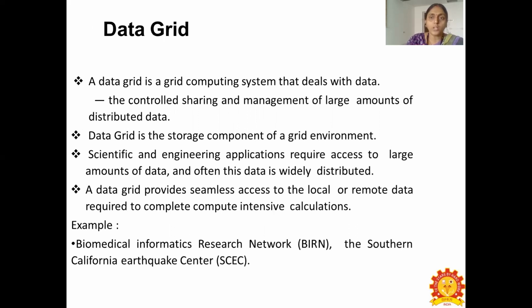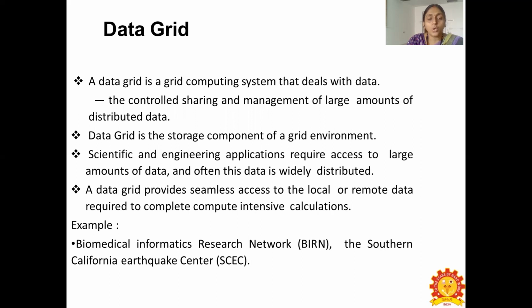And now we will see about the data grid. So a data grid is a grid computing system that deals with data, the controlled sharing and management of large amounts of distributed data. And the data grid is the storage component of a grid environment. Also, the data grid is involved in scientific and engineering applications which require access to large amounts of data in a distributed environment.